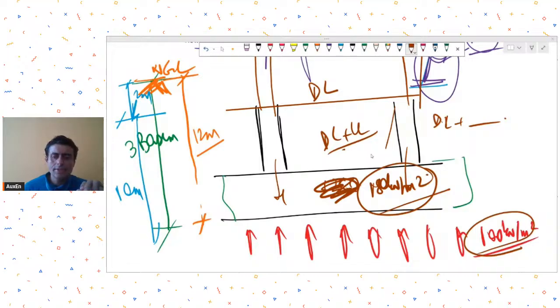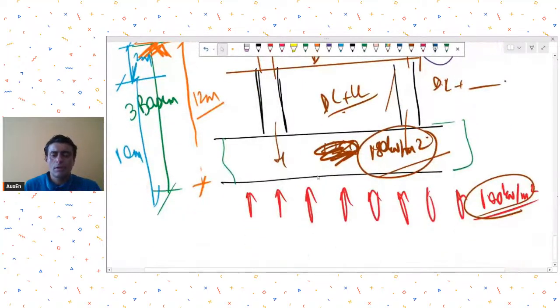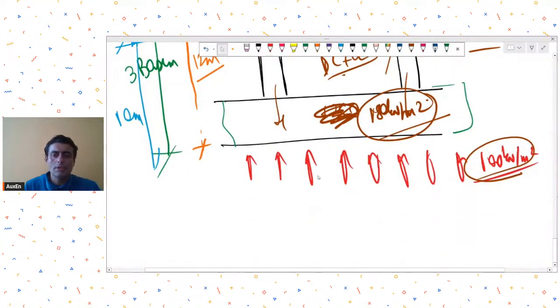So in such a case, what happens, that uplift is not a problem per se. Uplift is not a problem because this building is having such a large weight that your uplift pressure is not going to cause any problems in the raft. This is point number one. So here you may not have to worry about this situation.